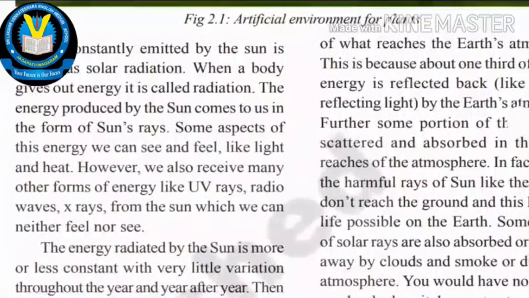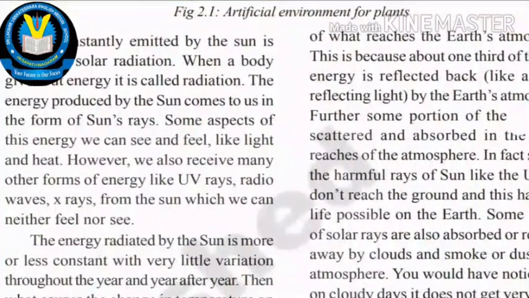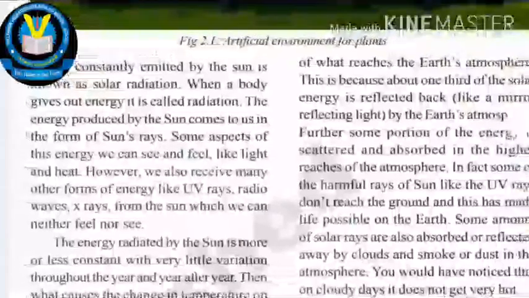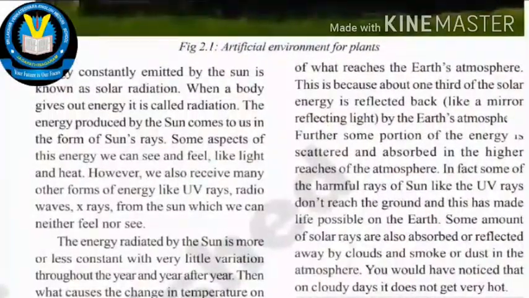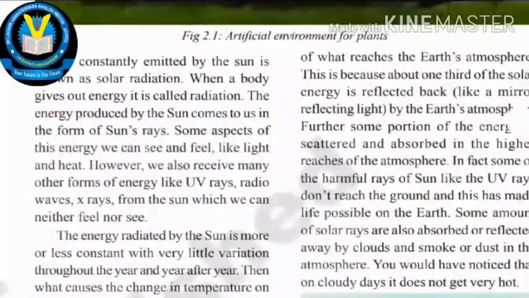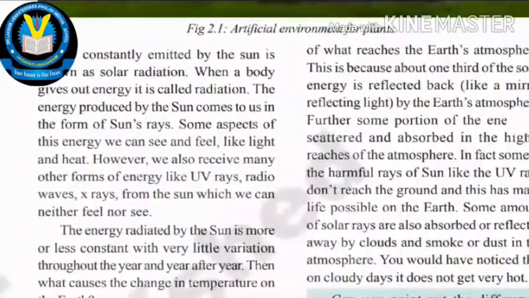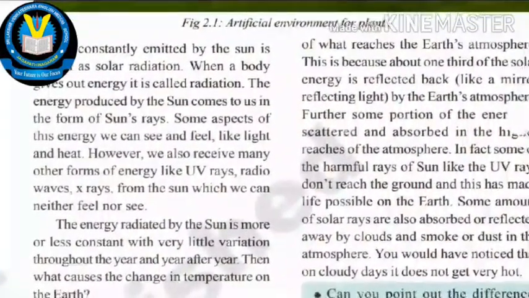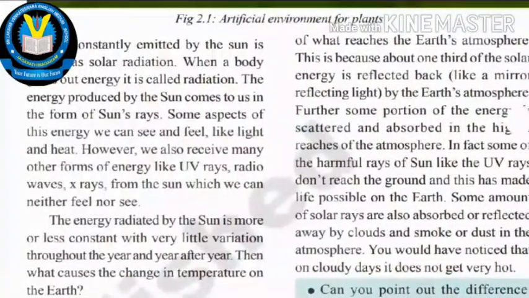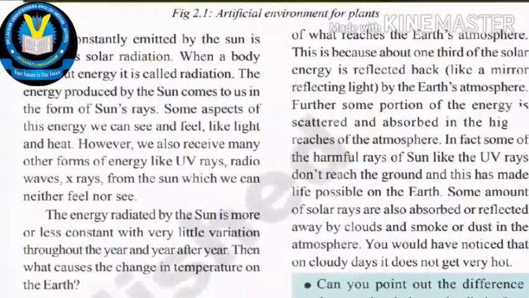Just now we said that we can see the sun's light and we can feel the heat, but there are some which we can neither feel nor see. They are UV rays, radio waves, and X rays.